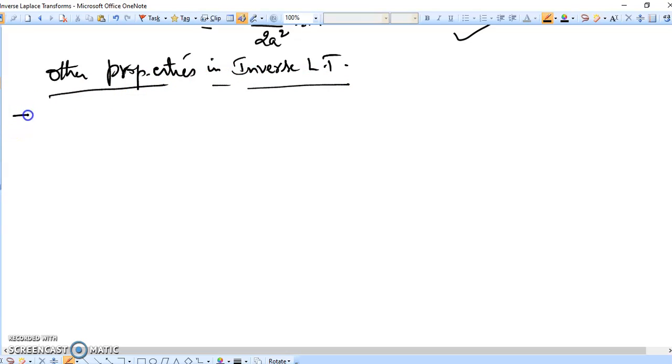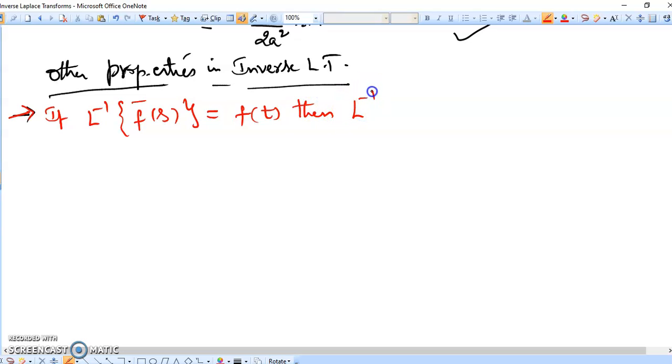Okay, so let us look at the first property. If L inverse of f bar of s equal to f of t, then L inverse of s into f bar of s is f dash of t.